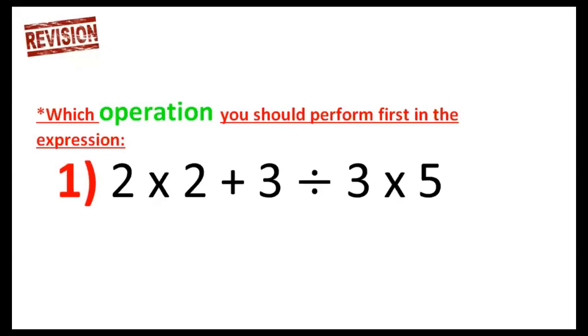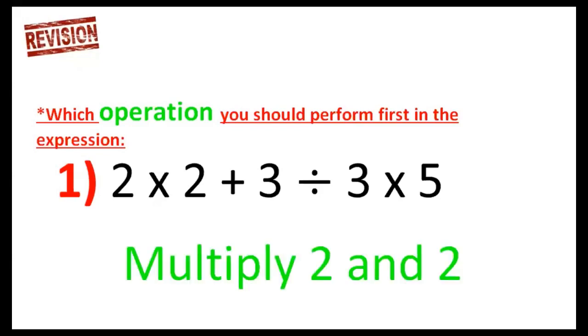Sure, here your answer will be multiply 2 and 2. Why? Because we start from left to right. This is first, and the priority here is for multiplication more than addition and also more than division. So you are going to start with multiplying 2 and 2.